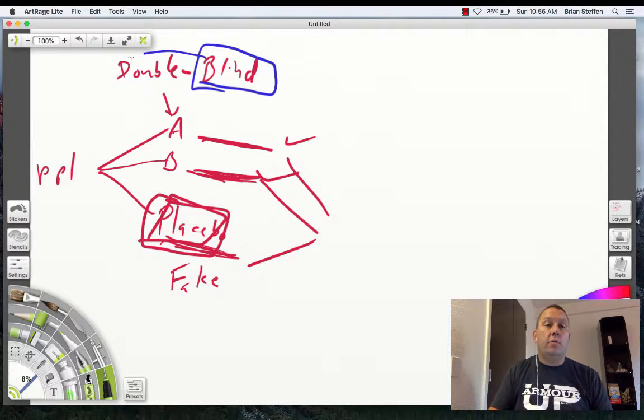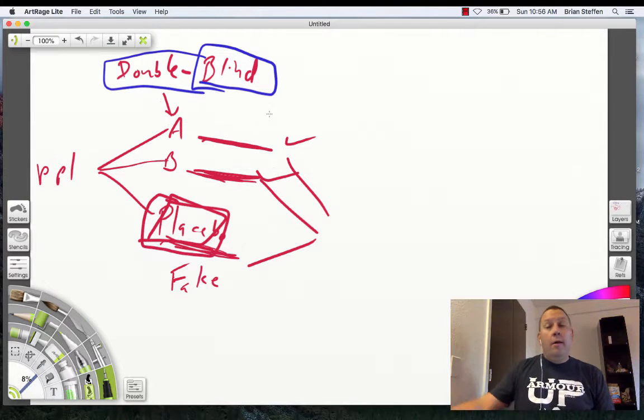When the subject and the person administering the treatment don't know, it's called double blind, which is even better if you can do double blind. Do we need double blind when we're doing tests on rats? No. Do we need double blind when we're doing tests on soil samples? No, because the soil samples don't matter. They can't think. But people can think.